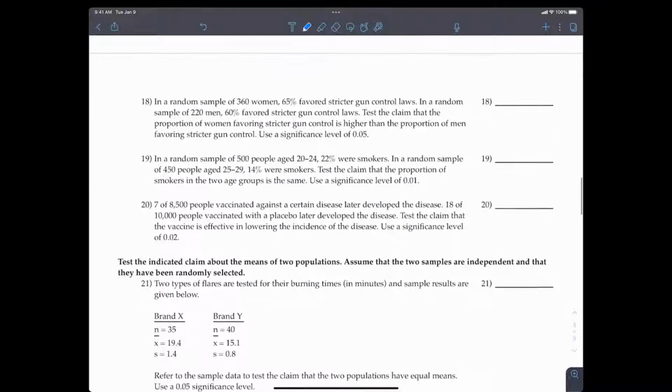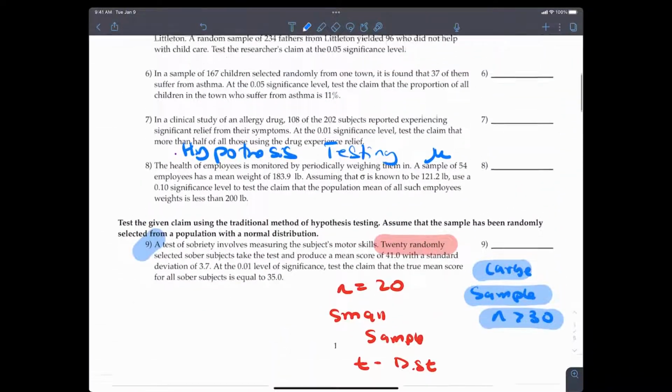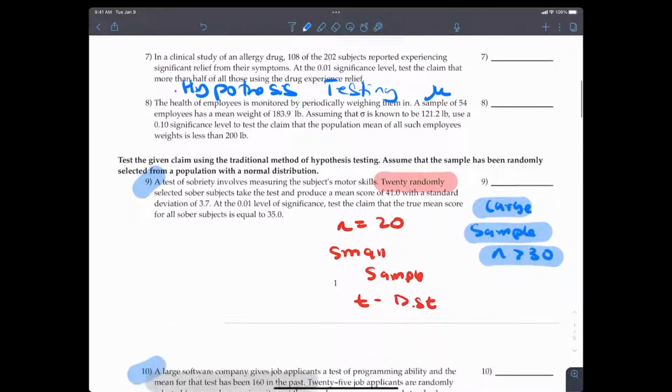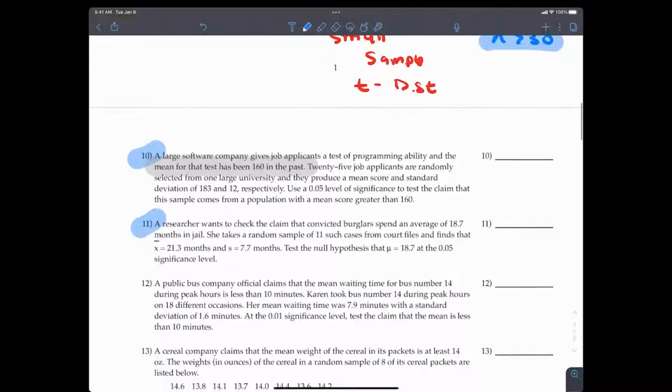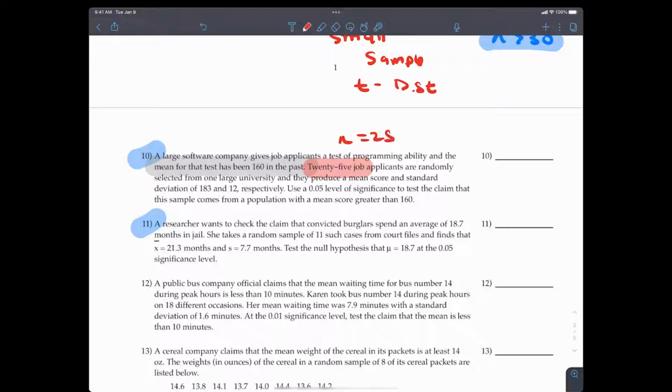Is that the only question? Hope not. Anyway, so 25 job applicants. Oh, guess what that means again? Small sample. Anything under 30, less than or equal to 30. That's a small sample question.